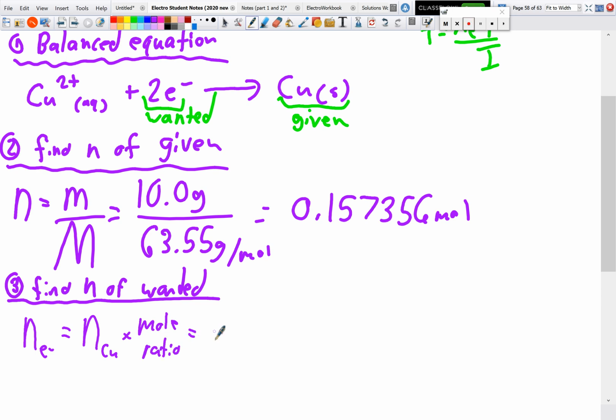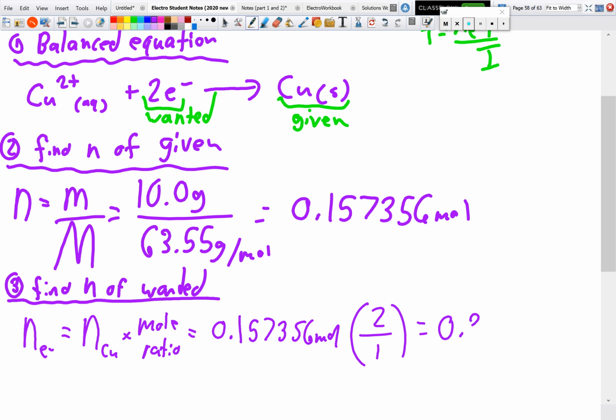So that takes what we just solved for up here, 0.157356 moles, times our mole ratio. Remember, it's wanted over given, so the coefficient from our wanted is 2 over the given is 1, and that gives us 0.3147128 moles.